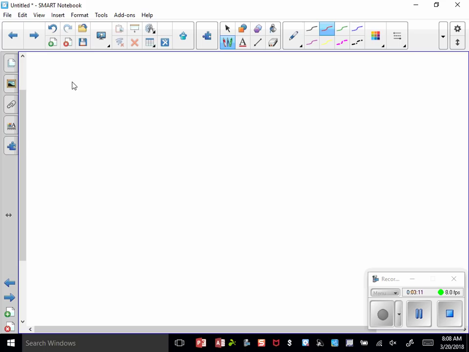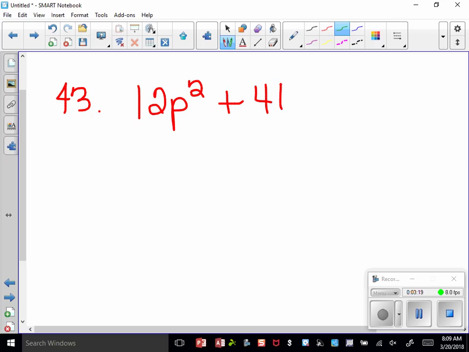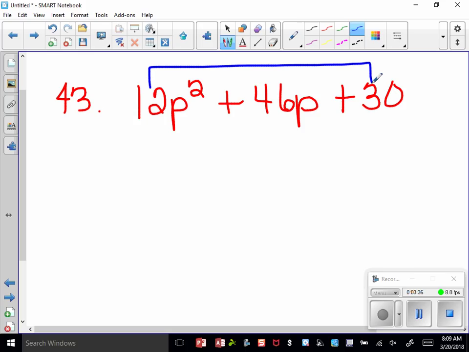All right, so let's do question 43. So we have 12p squared plus 46p plus 30. Okay, so now we're going to multiply 12 times 30.